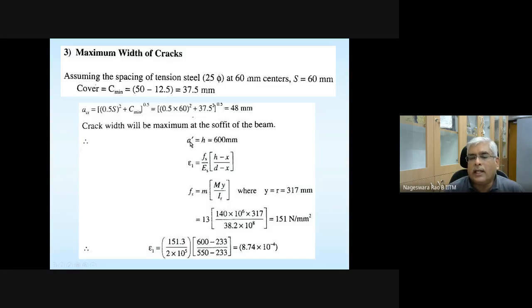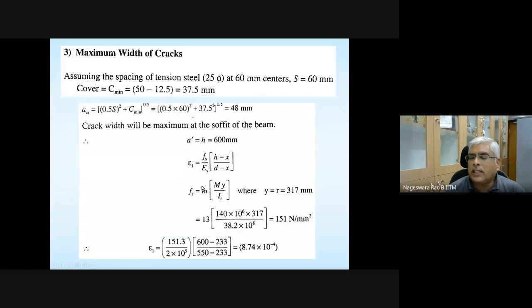And here some notation a prime, or it is same as a in the code. a is taken as h, which is going to be the overall depth, and epsilon 1 I already told you to make a note of it. I orally mentioned what is epsilon 1. And for calculating epsilon 1, you need to know what is the stress in steel.